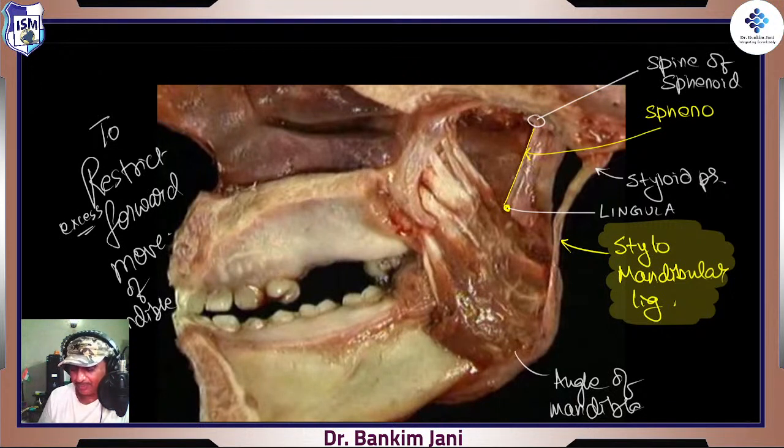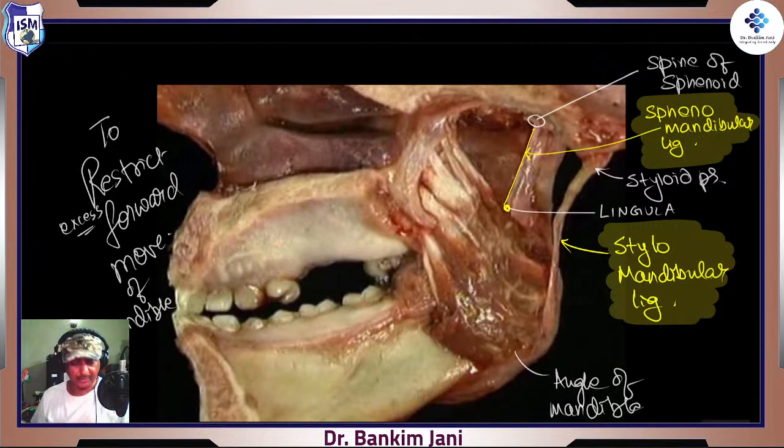So the lingula will say, I'll also sacrifice my name. Mandible is mandible. So this is called the sphenomandibular ligament. They both are not fighting for those smaller structures. That's why sphenomandibular ligament, from bone to bone. So these are the two important ligaments which will be restricting the excessive forward movement of the mandible.